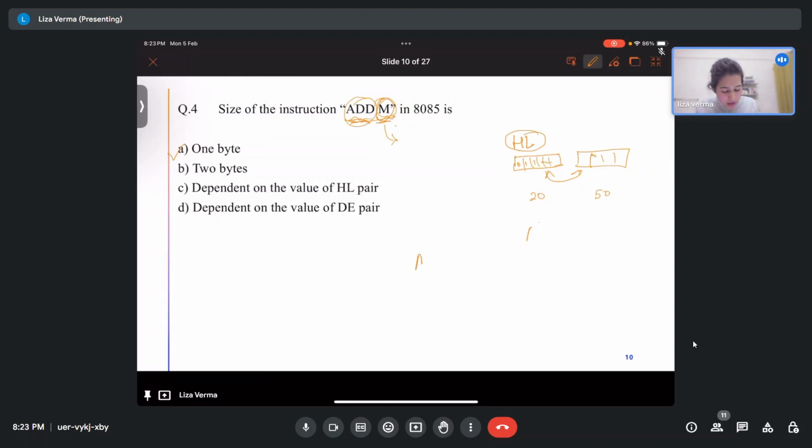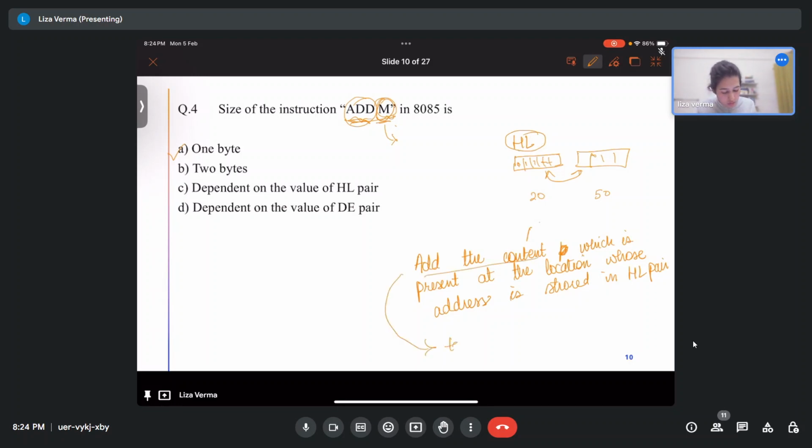This means add the content present at the location whose address is stored in the HL pair, and add this to the accumulator.